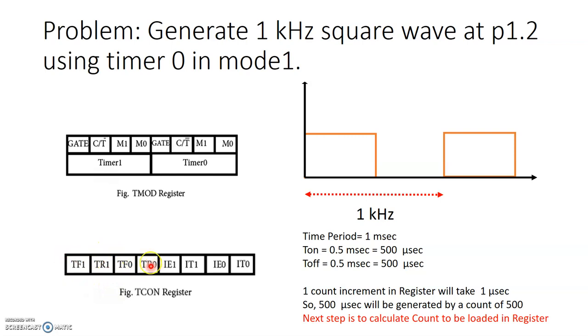TR0 needs to be set in order to start timer 0, and when there is an overflow, the TF0 flag is set. So let's proceed and see how we can calculate the number that needs to be loaded in the timer 0 register to obtain a delay of 500 microseconds.